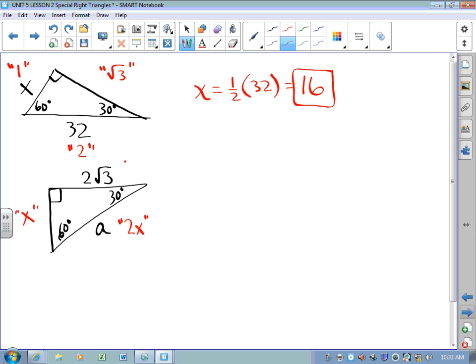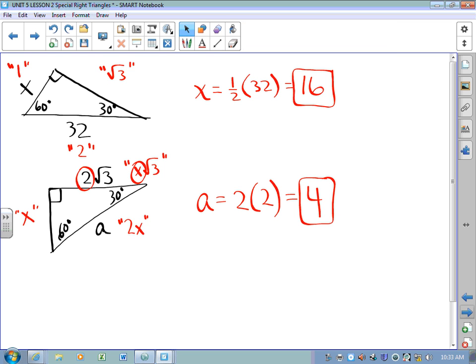And the side on the other leg is the x radical 3. Now that's very helpful, because that tells me that x is 2. And so a is twice that. A is 4. Does that almost make sense?